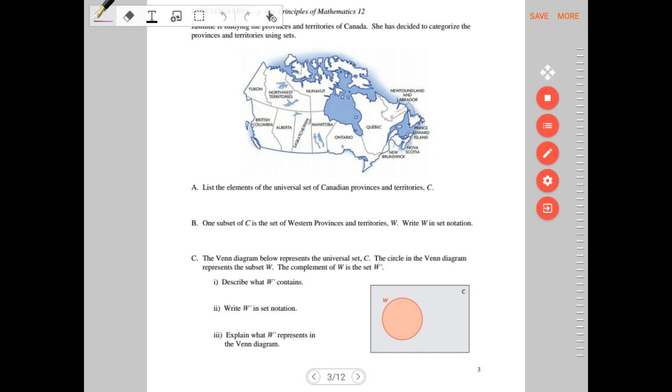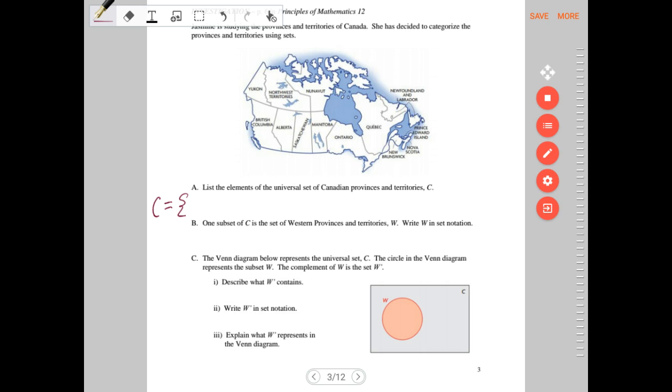All right, so list the elements of the universal set of Canadian provinces and territories and call it C. I did an abbreviated form of this, so using the abbreviations for each province and territory. So we're going to list it as C, and C will equal. Now remember, when we write things in terms of sets, we use the curly brackets.